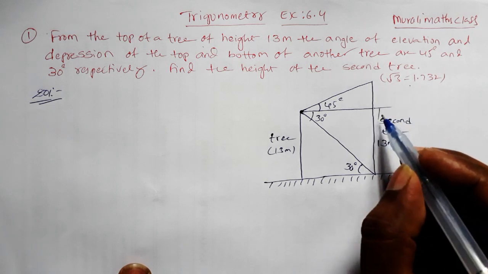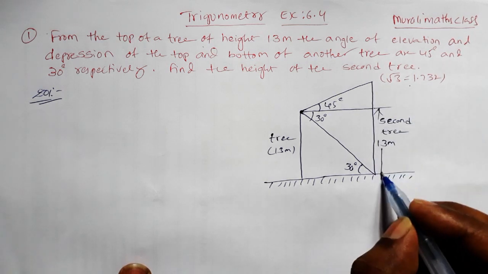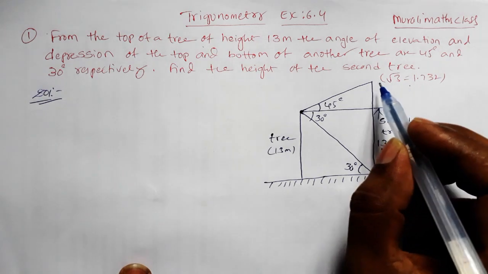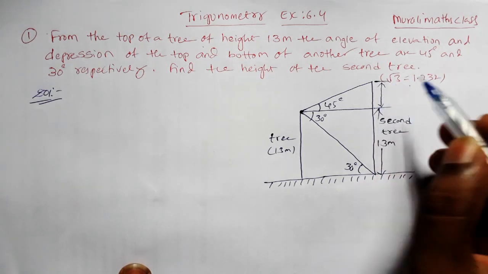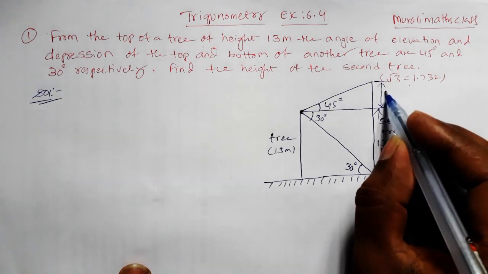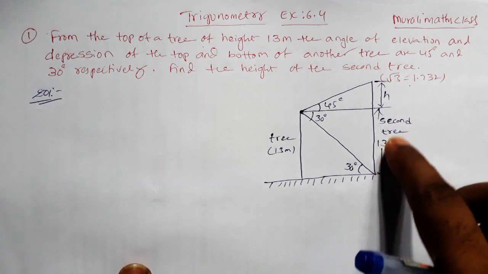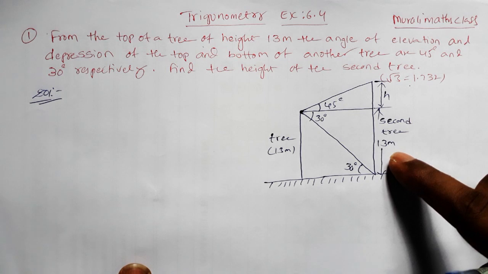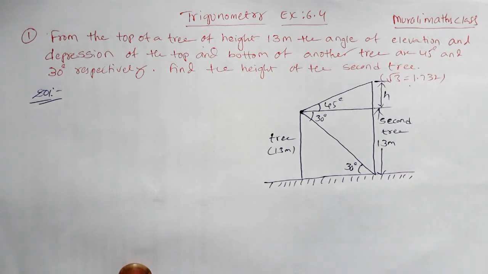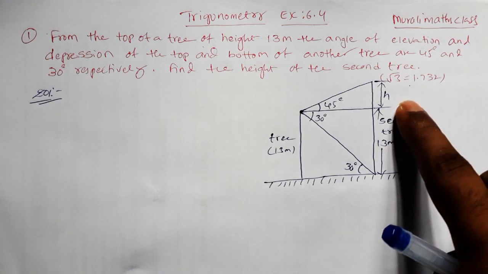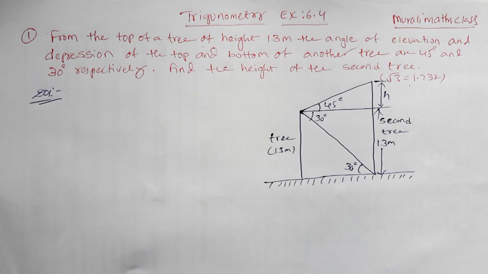And this height we need to find now. Let us mark H. 13 meters plus H gives the height of the second tree. So we have to find the H answer now from this given data.